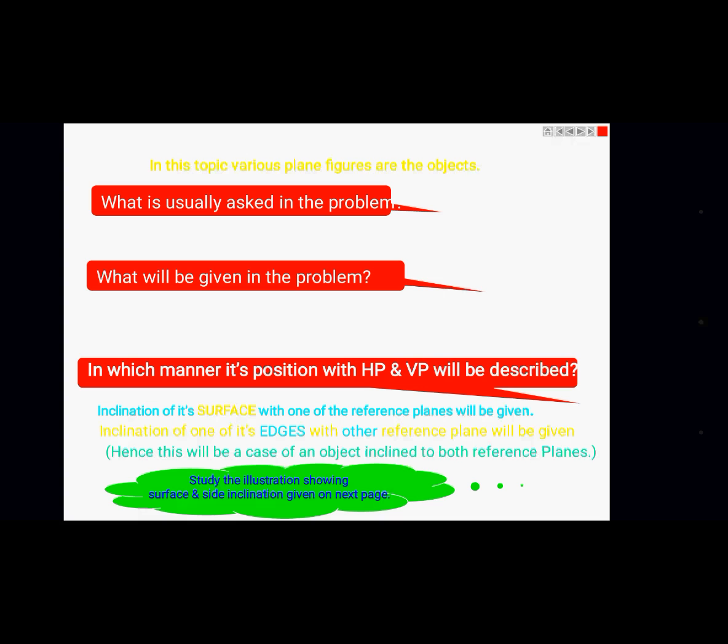So if the surface is tilted with reference to VP angle, the front view gets converted into irregular shape and the corresponding top view will be an inclined line. This is the observation we see in the second step.